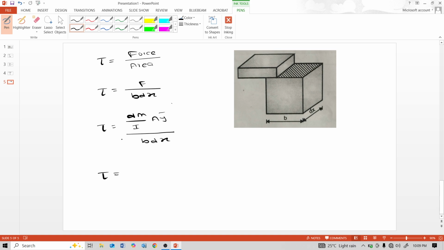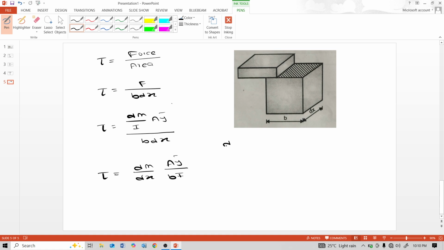From this equation, tau is equal to dM upon dx into A y bar upon I into b. That means A y bar upon b into I. And this dM upon dx is the rate of change of moment with respect to distance, that is nothing but the shear force.